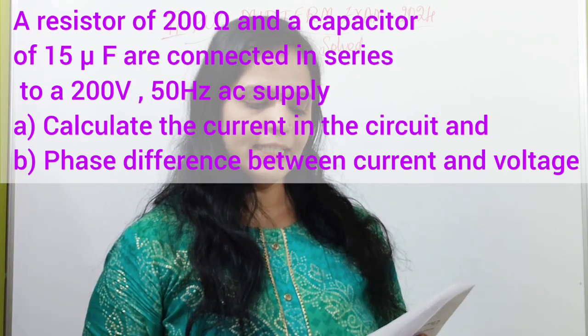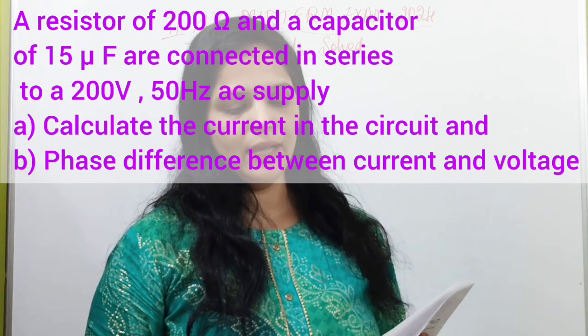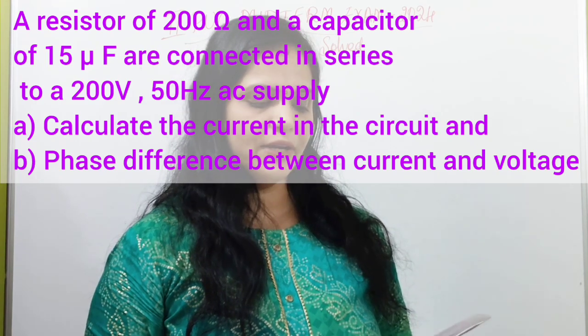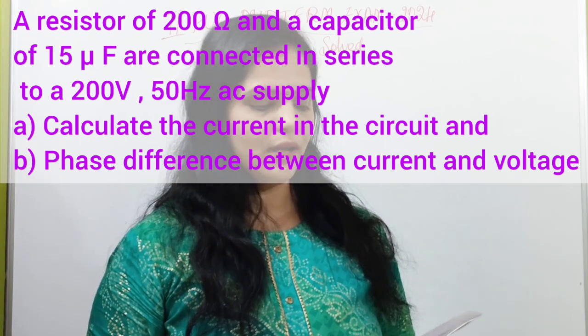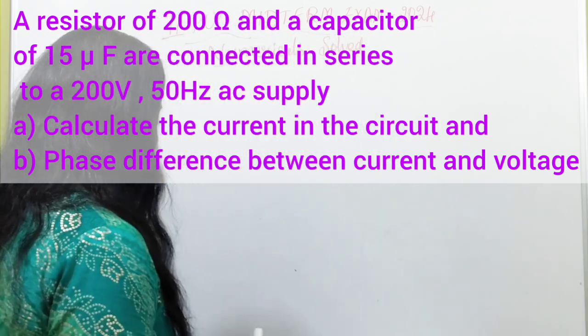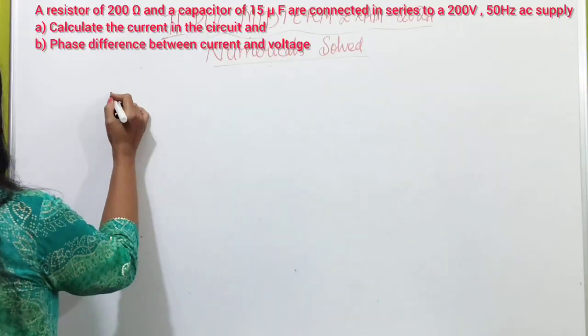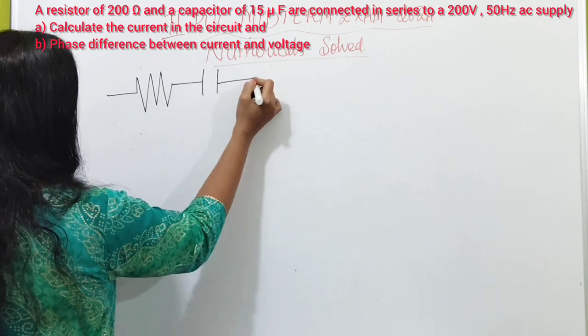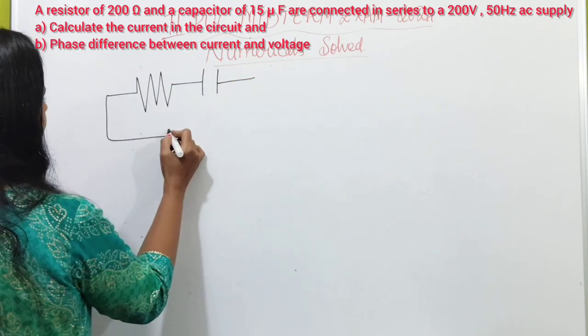These two are connected in series to an AC supply, 220 volt 50 hertz. We need to find out the current in the circuit and the phase difference between current and voltage. So we are having one resistor which is connected to a capacitor. There is no inductor.